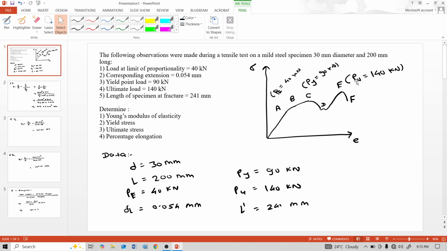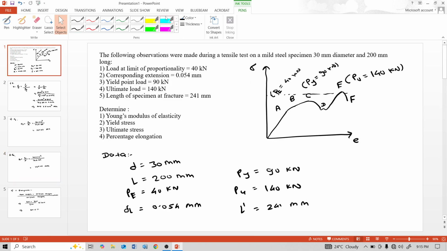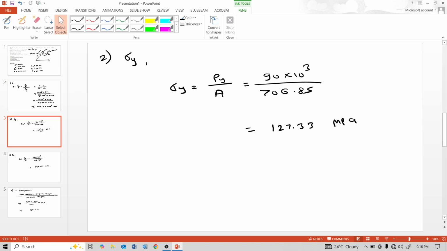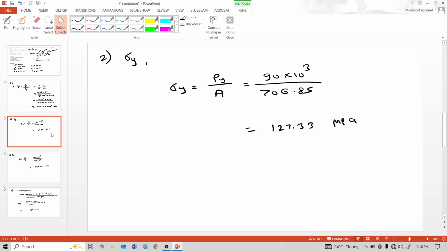That means the stress at this E point is 198.06 MPa, and the yield stress up to point C is 127.33 MPa.